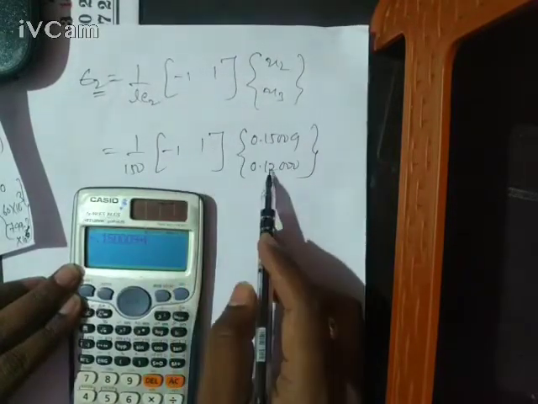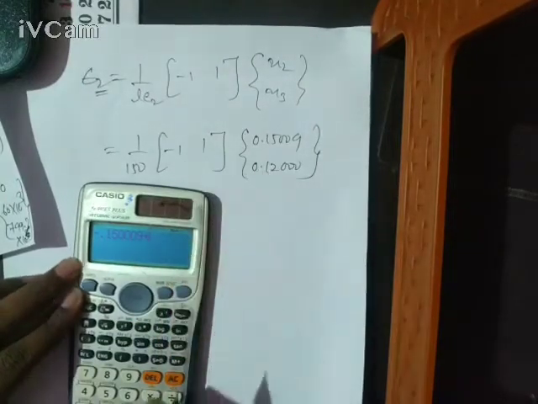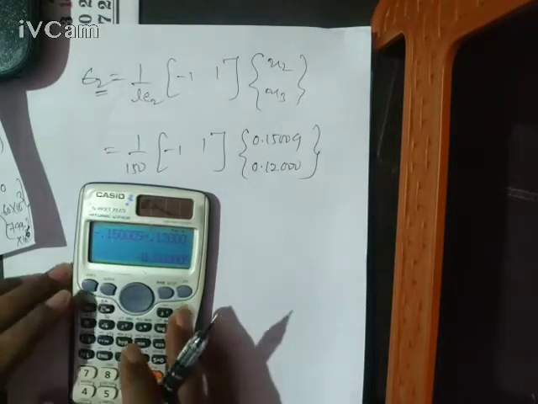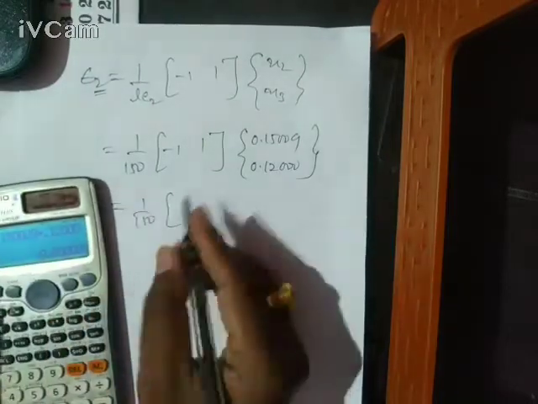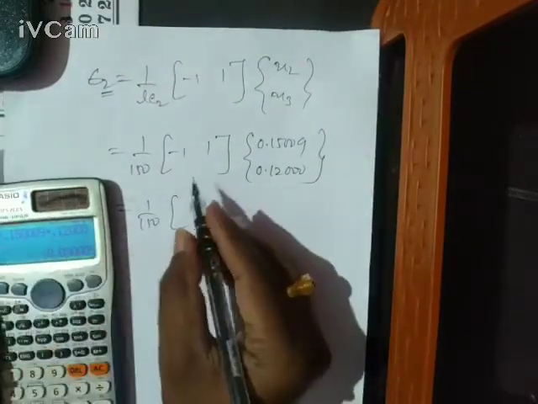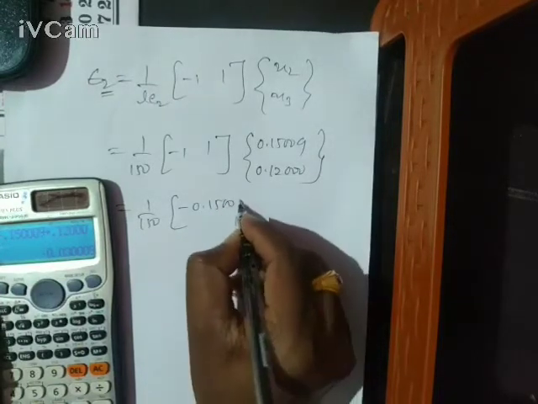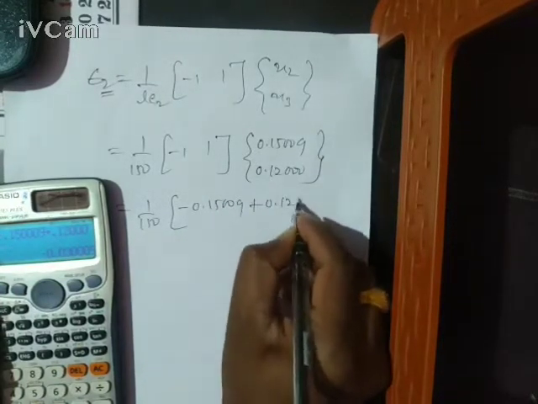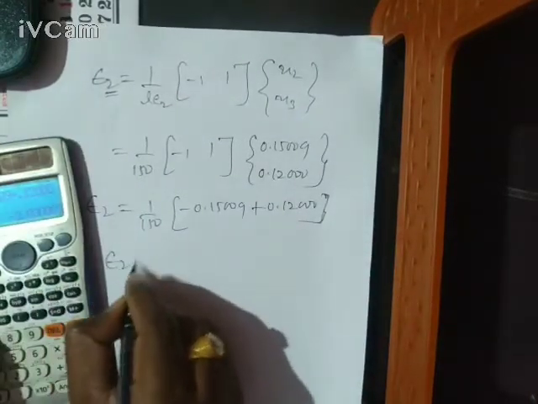This into minus and this into plus, sorry, plus into these two values, 0.12000. So what am I going to get? So what is my strain 2 value? Here it will be minus 0.15009 plus 0.12000. If I simplify this, what do I get as strain 2?